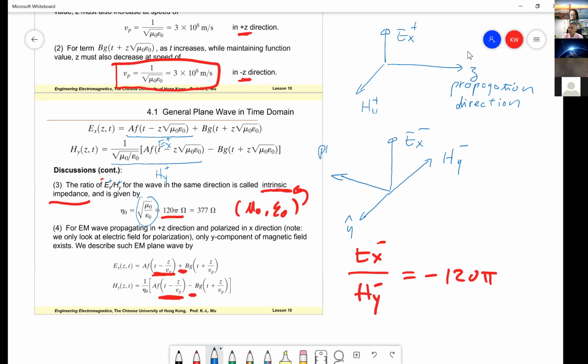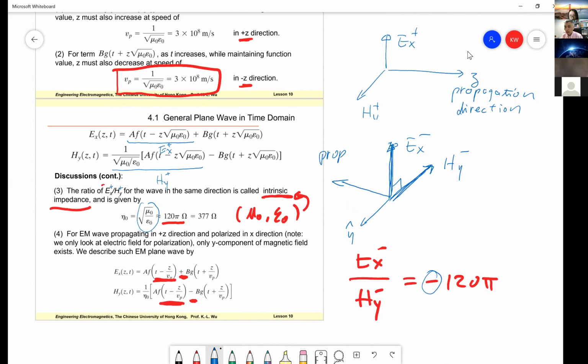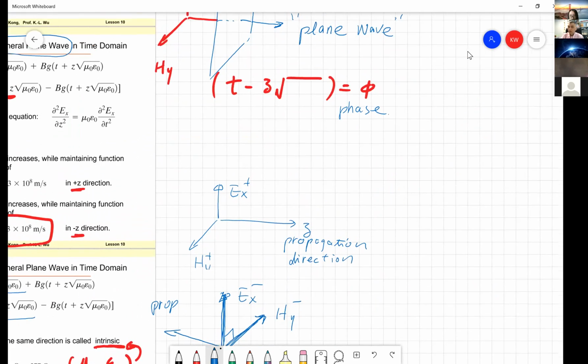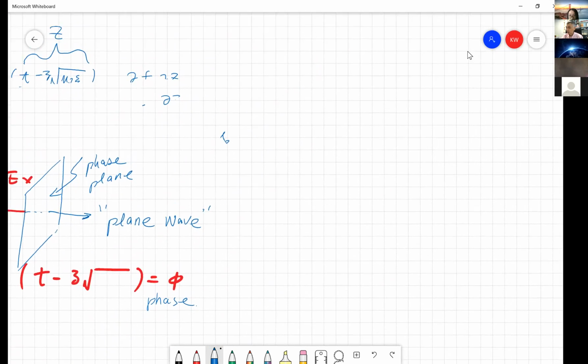This is the propagation direction. So the electric field and magnetic field still follow the right-hand rule. This minus sign tells you the magnetic field shows the opposite sign compared to propagating in the positive z direction. All right, so this is the discussion. We found the solution for the magnetic field.